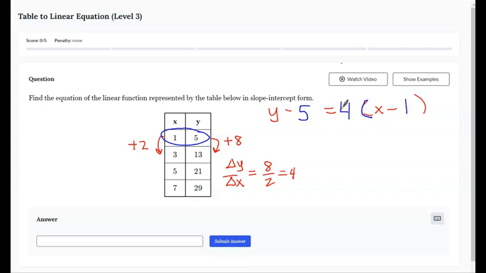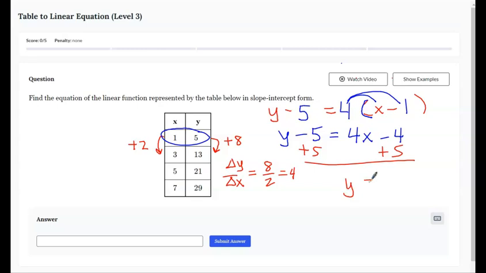And now I'm going to manipulate or simplify this sentence. Nothing to do on the left yet. Some distributing on the right. 4 times x is 4x. 4 times -1 is -4. Then I'm simply going to isolate y by adding 5 to both sides, giving me y is equal to 4x plus 1.